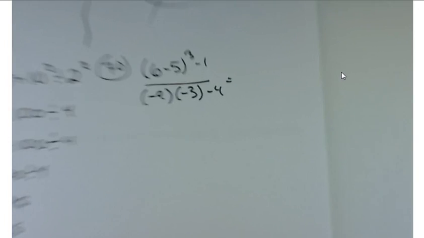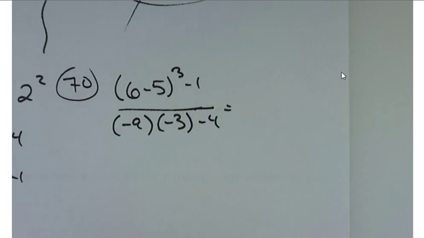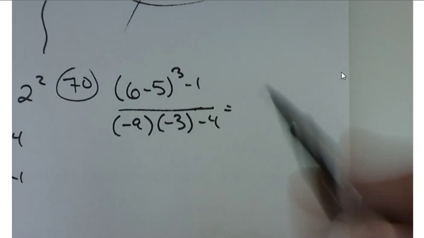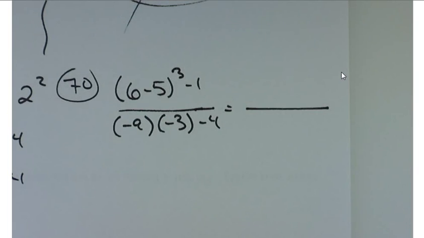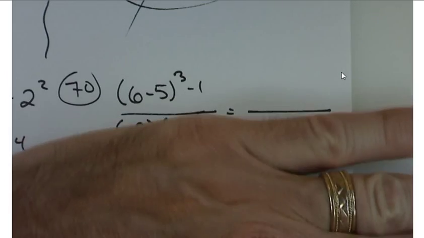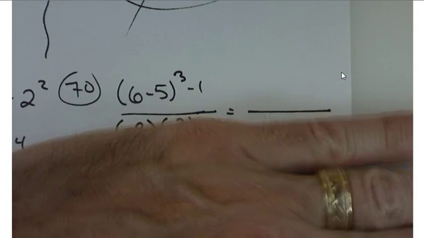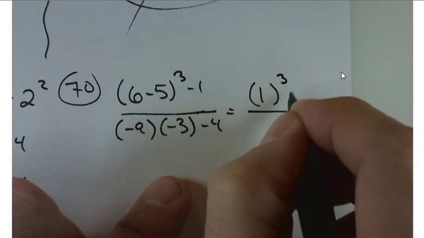Now in doing these, we're going to have to simplify the numerator and denominator completely first. So I'll have to figure out what the numerator is, what the denominator is. Let's start in the numerator. Where should we start in the numerator? In the parentheses. So it's as if your order of operations just applies right here. So we'll start in the parentheses, and I'll get 1 cubed minus 1.